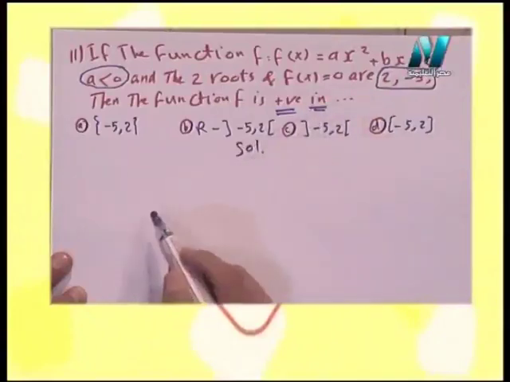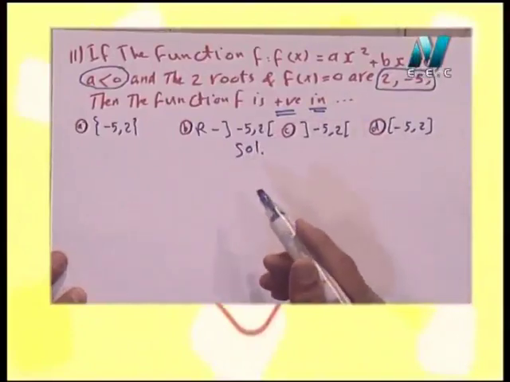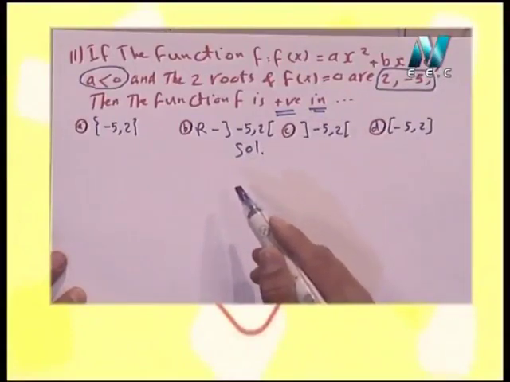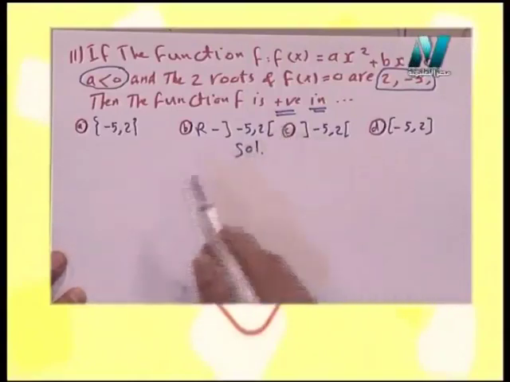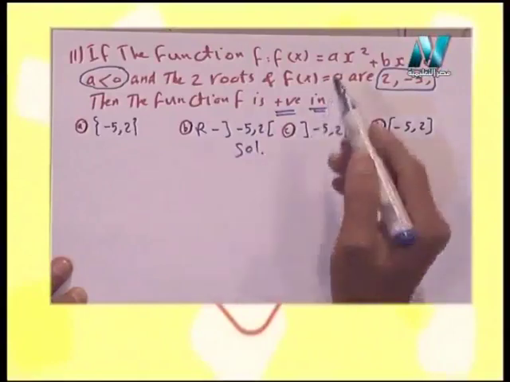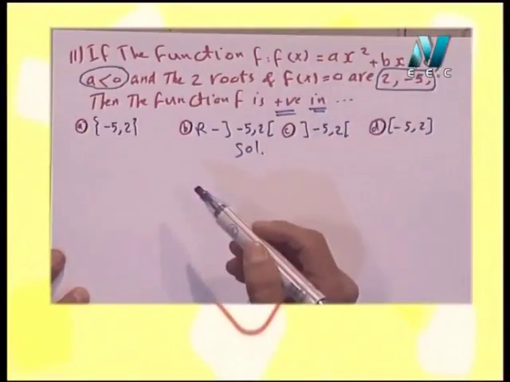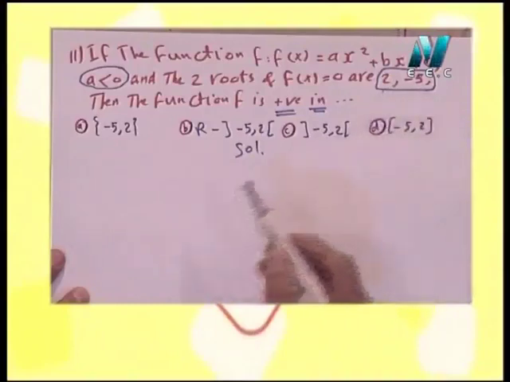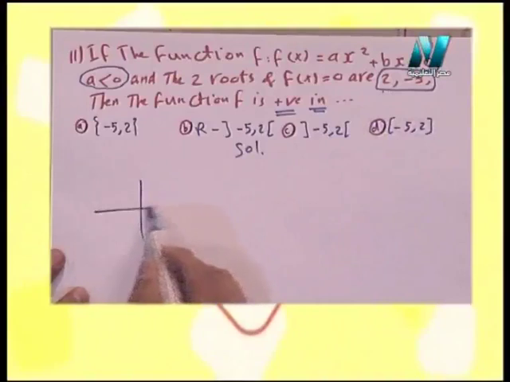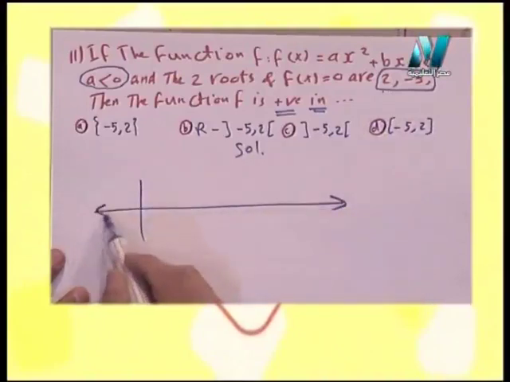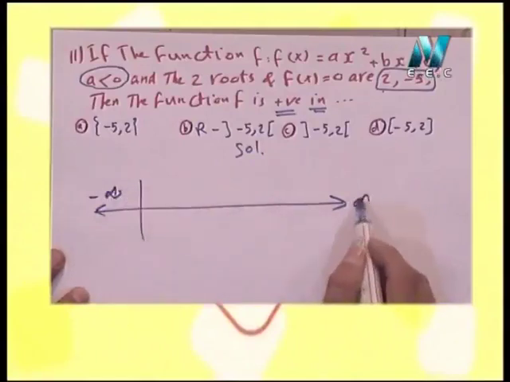Okay. He asked about what part of the interval is positive. Okay. Don't care about a and b. We have here 2 and negative 5, the two roots, and remember the number line, it's from negative infinity to infinity.